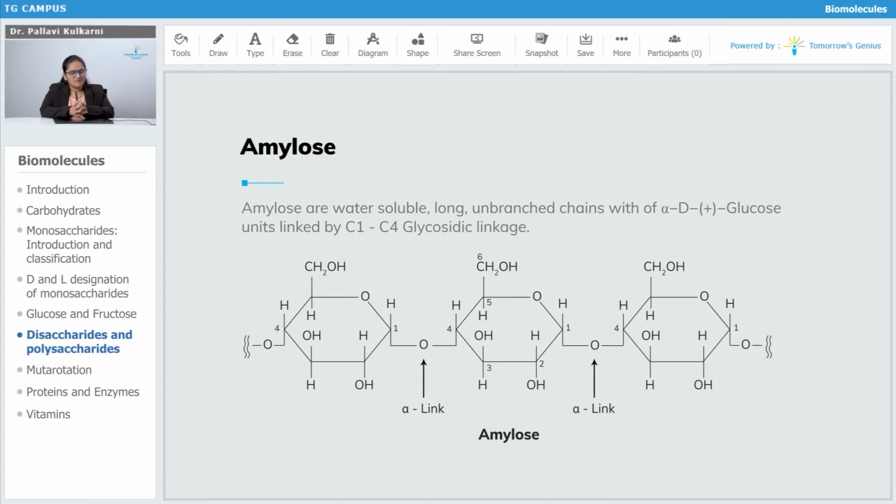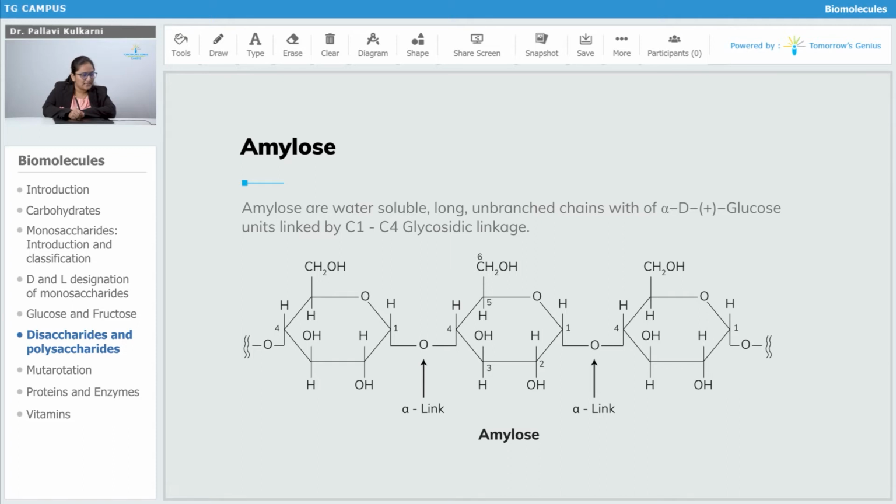What is amylose? It is water soluble, a long unbranched chain in which alpha D glucose units are linked by C1-C4 glycosidic linkage. Let us see what is that linkage, C1 to C4 linkage. You can see in this structure, these are the three alpha D glucose units. Let us focus on the first two glucose units.